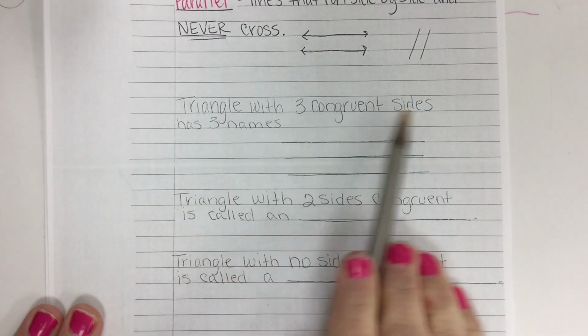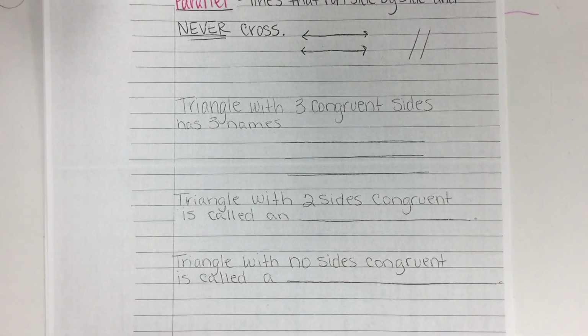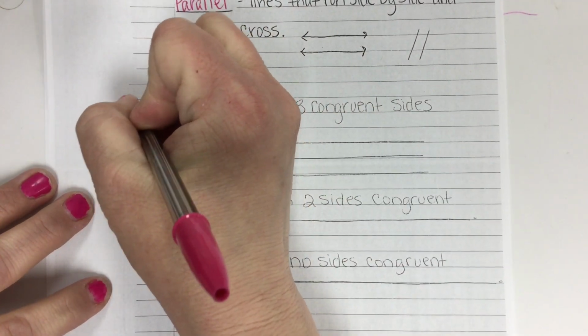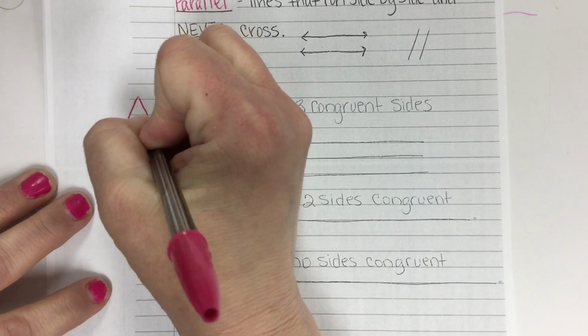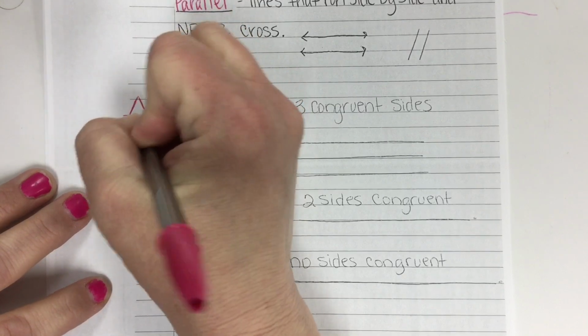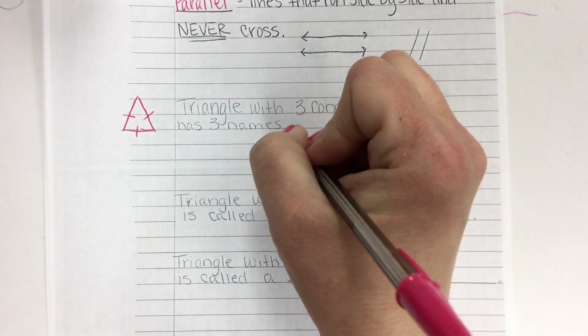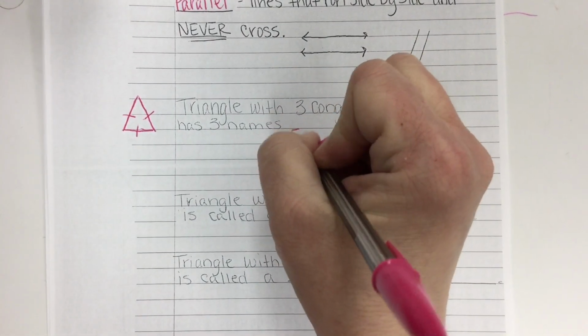A triangle with three congruent sides has three names. So it has three congruent sides, and I'm not going to draw one perfect, of course. So we're going to pretend. If all three sides are congruent, it is equilateral, right?